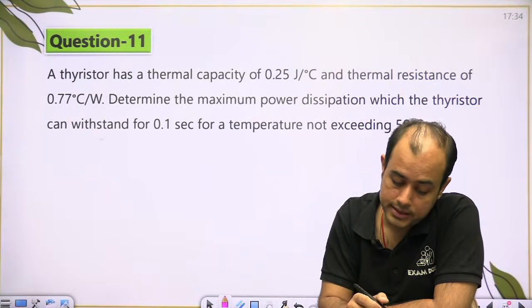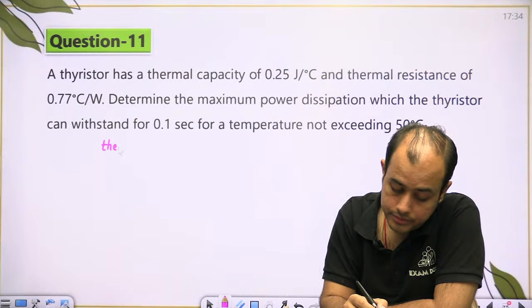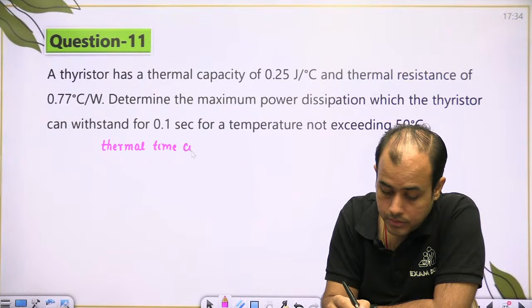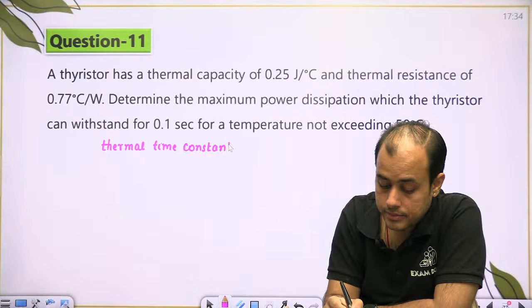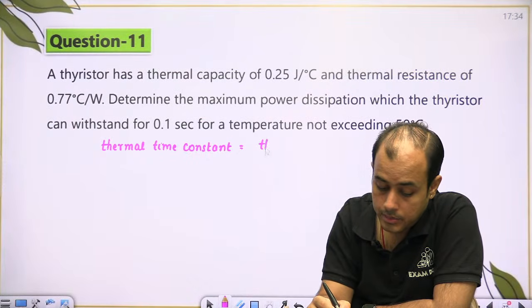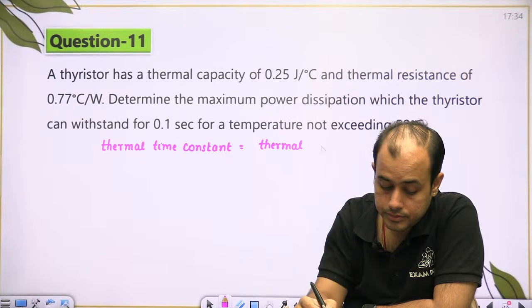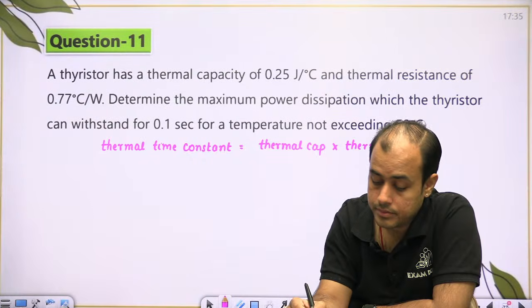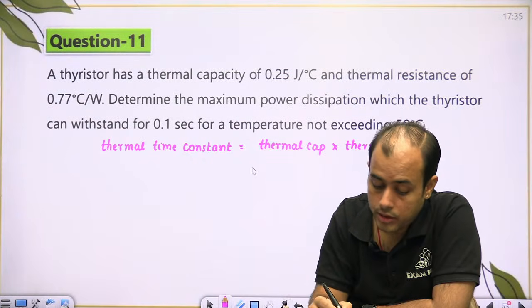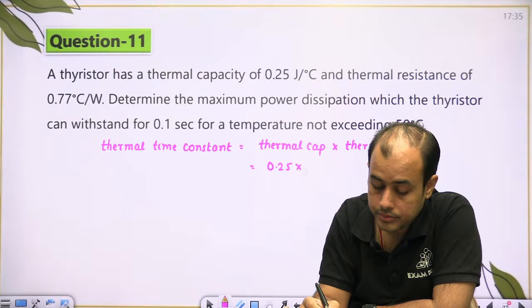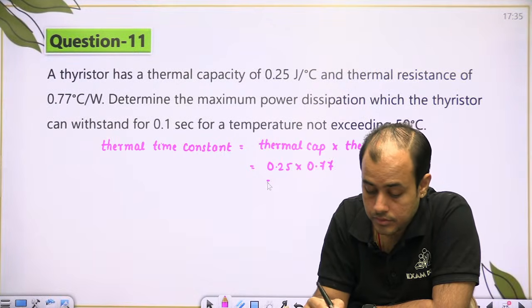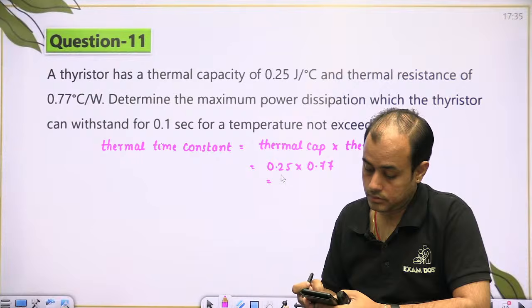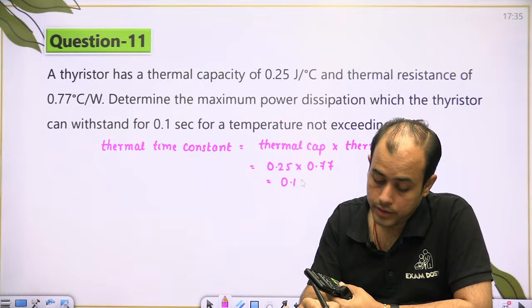Now beta, what happens is thermal time constant is thermal capacity into thermal resistance. जूल अपॉन वॉट से आ जाता है. 0.1925 second.